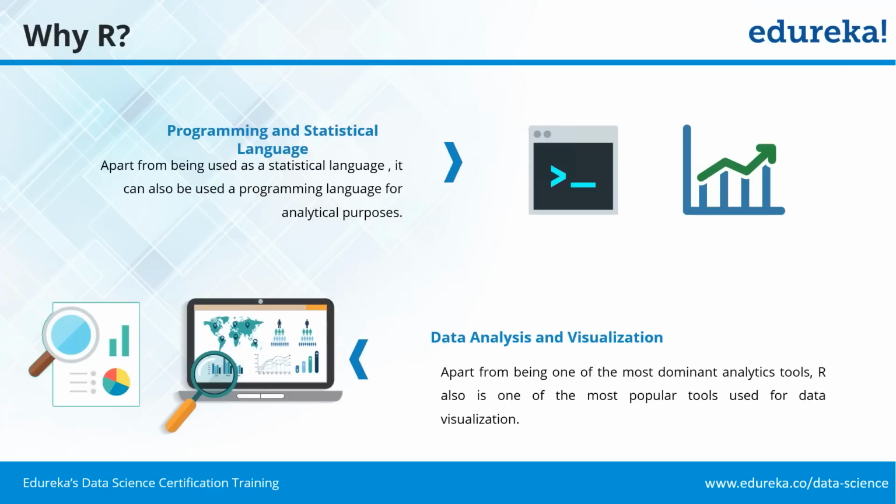And Anscombe's data set shows us that even though in all 4 data sets the properties like mean, standard deviation, correlation, and even the regression line are exactly the same, when you put them in a very simple scatter plot of the x and y attributes, the 2 attributes present in all the 4 data sets, there are quite a number of distinct differences, which were initially not captured by just looking at pure stats like standard deviation, mean, or even the correlation values, right? So that's how powerful data visualization is. And with a tool like R and packages like ggplot, you are able to create very good looking data visualizations.